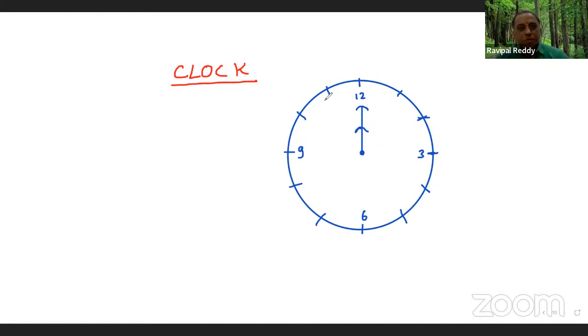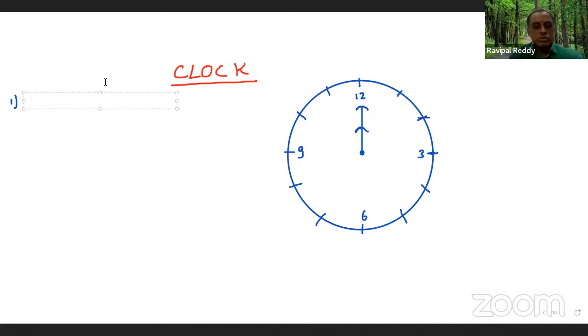In 60 minutes, the minutes hand will rotate one circle and reach 12. So in 60 minutes, it will rotate one circle, which means in 60 minutes the minutes hand will cover 360 degree.